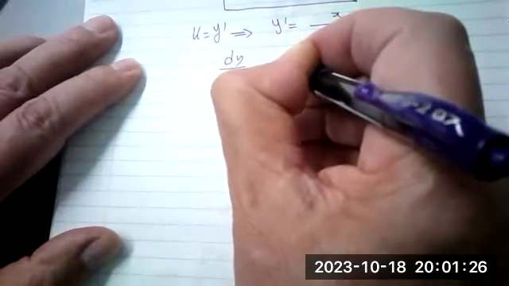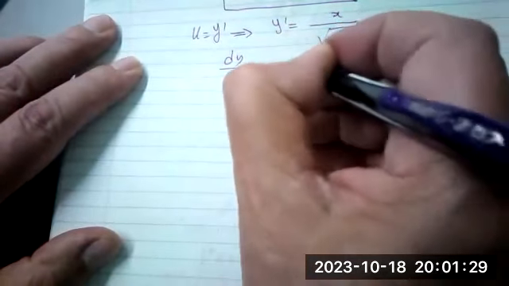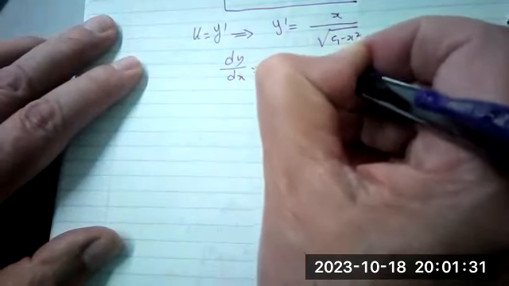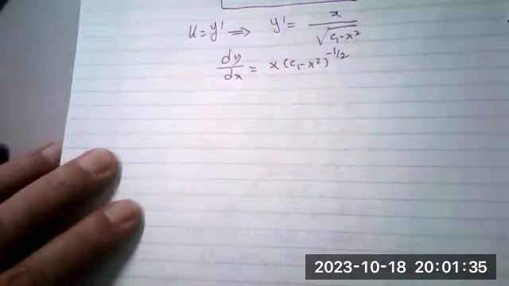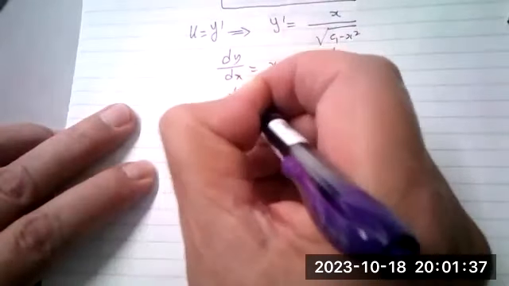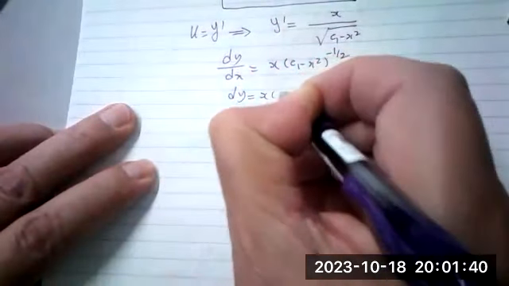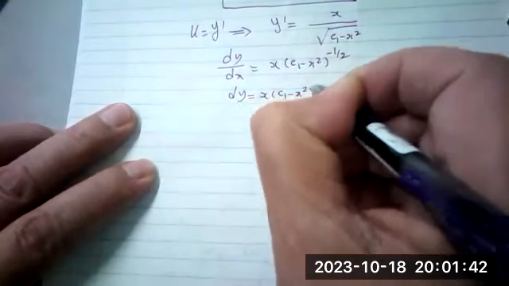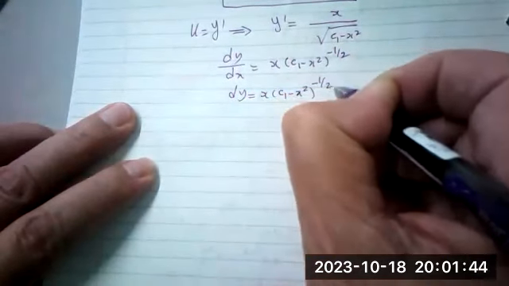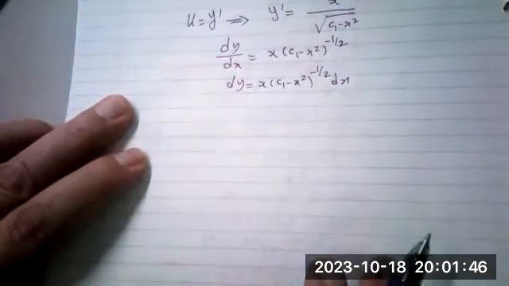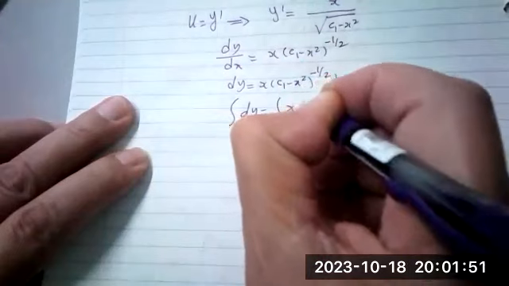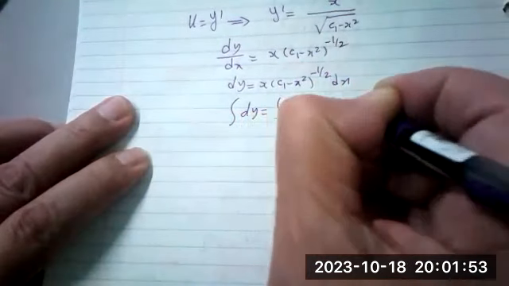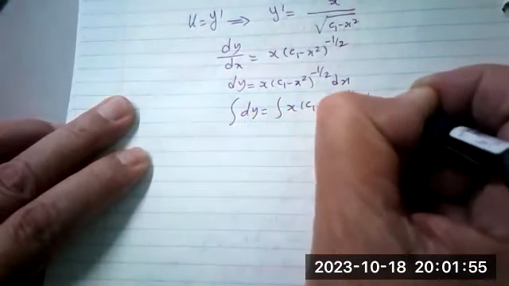You have to use a substitution in order to integrate it. Okay, cross multiply. So that gives x times c1 minus x squared to the negative 1/2 times dx. Integrate: the integral of dy is the integral of x times c1 minus x squared to the negative 1/2 dx.